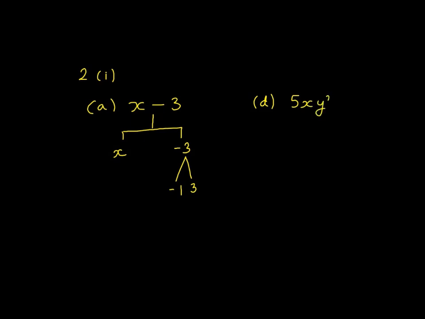In the same way, we'll do its d part, which is 5xy square plus 7x square y. Its two terms are given by 5xy square and 7x square y. Now we will factorize these terms.